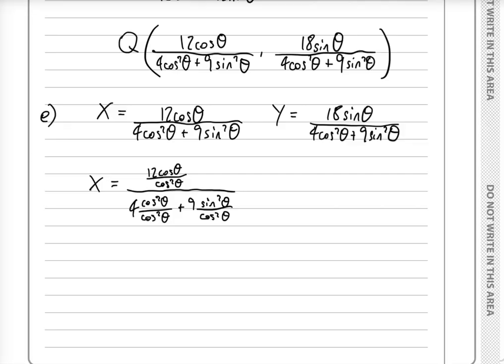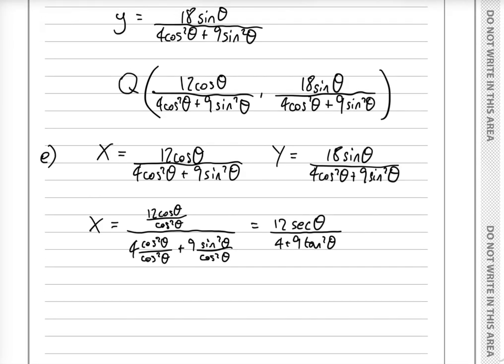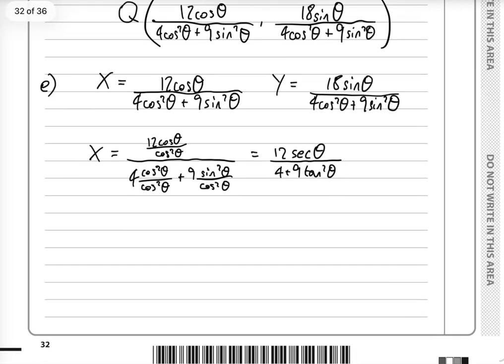What that does is give me 12 secant theta in the numerator and 4 plus 9 tan squared theta in the denominator. Why that's useful is because we can connect secant and tangent through an identity, but more importantly, because the x and y coordinates have the same denominator, we can get a tan theta by dividing them through.